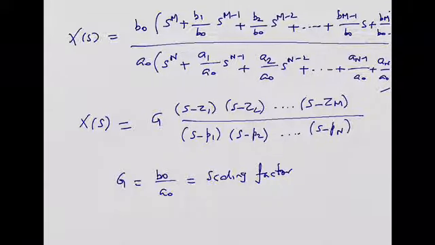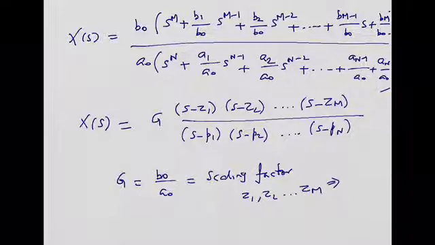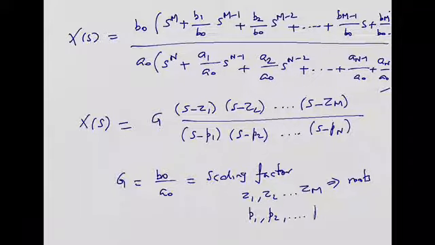So z1, z2, z3, z4, z5, zm are the roots of the numerator polynomial. Similarly, p1, p2, p3, p4, pn will be the roots of the denominator polynomial. So let me call those.